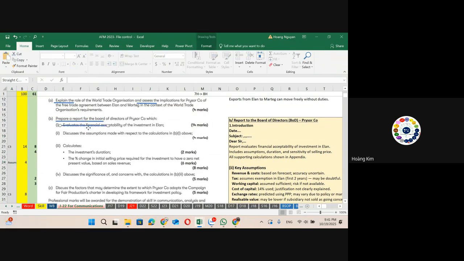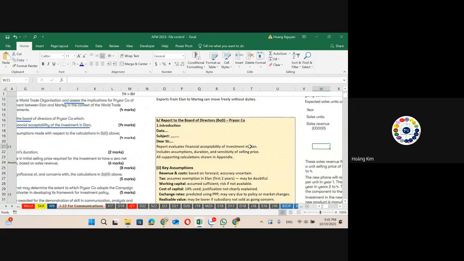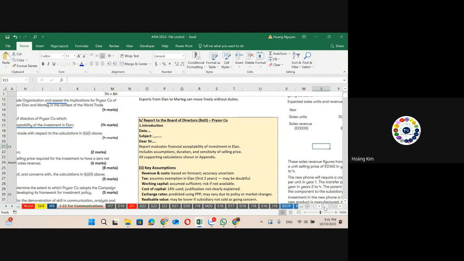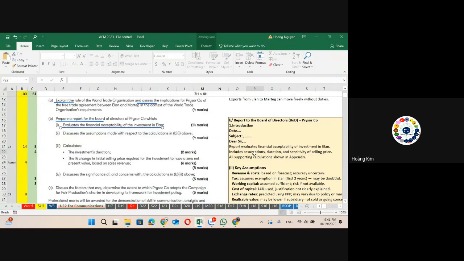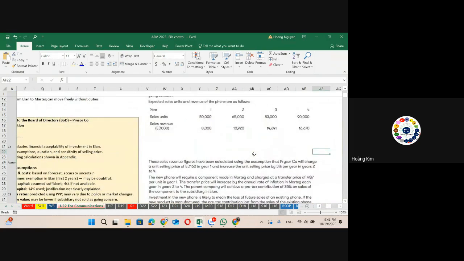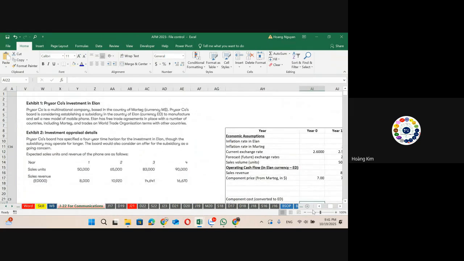You see, they ask you to evaluate financial aspects, 14 marks. So it means that when you send the email to the BOD to explain or analyze something, you attach the Excel file or the data report, or take a picture in the email. This question is the same.